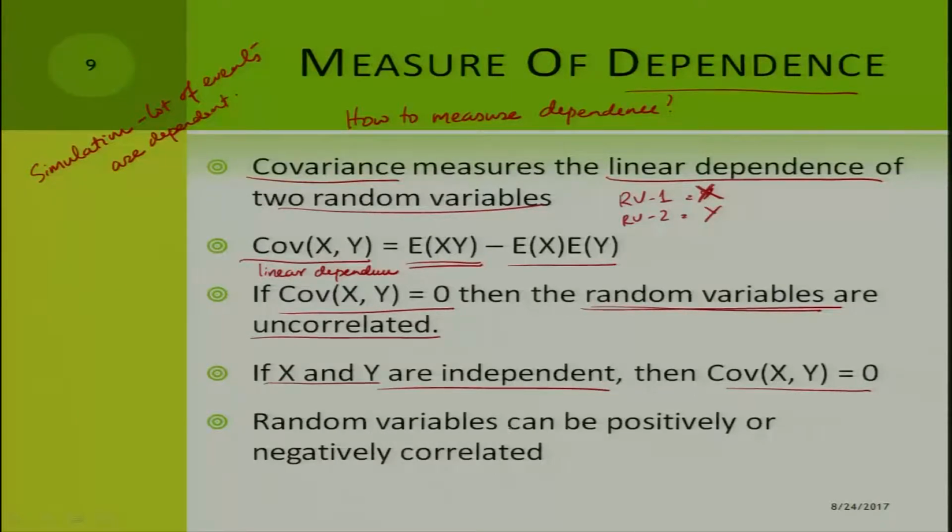Random variables can be positively or negatively correlated. If you think about a scenario where you draw the graph of X and Y and get something like this, that means as X increases, Y also increases. You do the covariance and find the correlation coefficient, and you get a value, let us say 0.95.